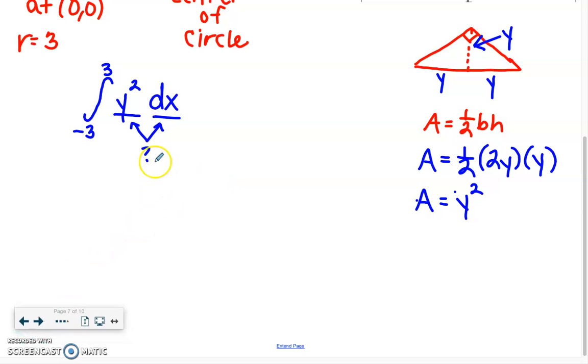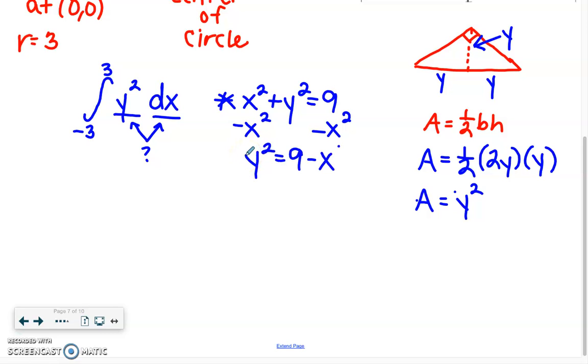What we're going to do is look at the equation that we were given at the beginning of this problem. And the equation was x squared plus y squared equals 9.